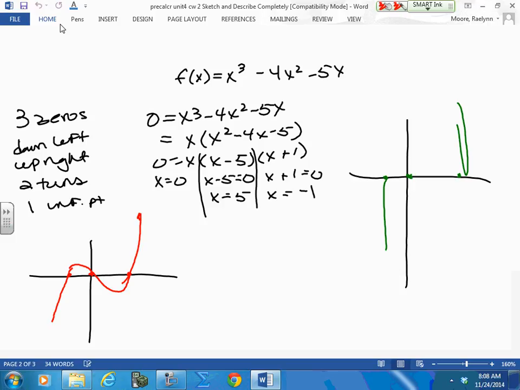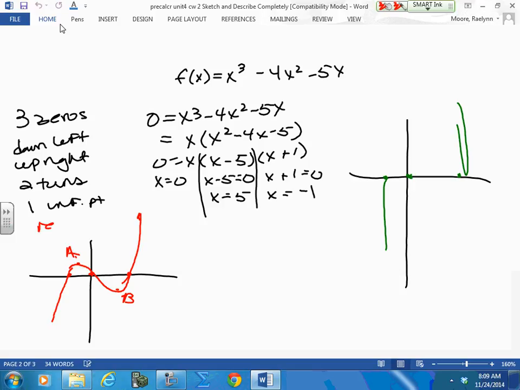So now we have your zeros. Let's find your relative mins and max. This one and this one. We'll call this A, B. What's this one? Oh, I already labeled it. Is this called an absolute or a relative?